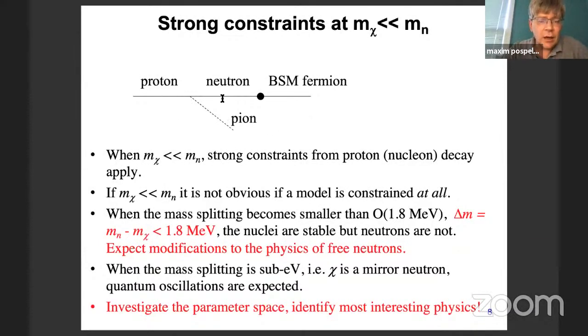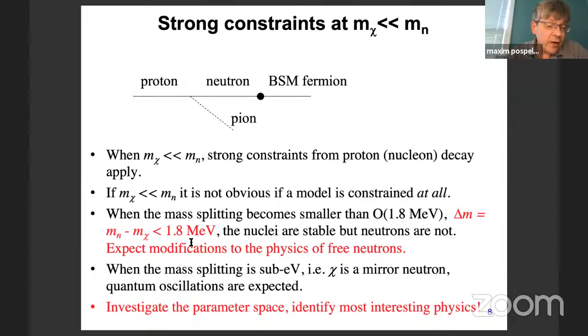Proton can go to pi and the neutron at no cost, and then the neutron, if it mixes with a very, very light fermion, then of course it will generate the decay of a proton into a pion and this new chi state, and that is strongly constrained from the best limits we have on nucleon decay. But if, sorry, here the signs are in the opposite direction. If m_chi is larger than m_n, then it's not obvious that the model is constrained at all.